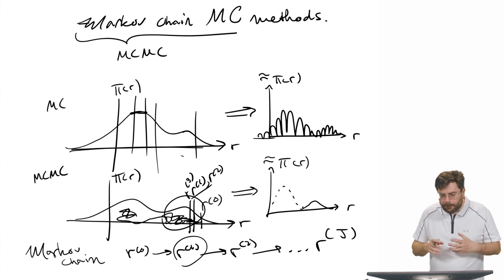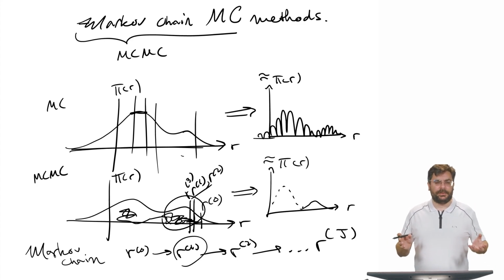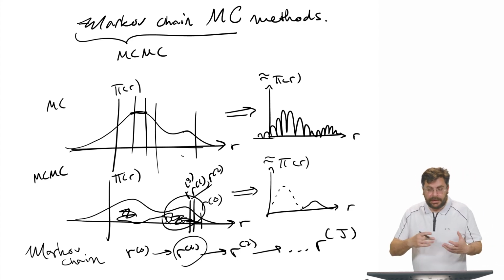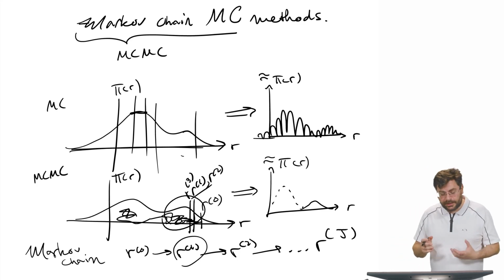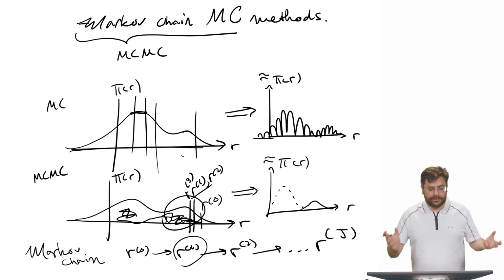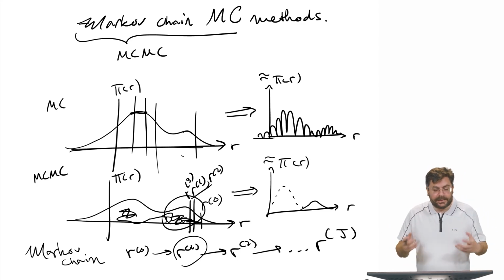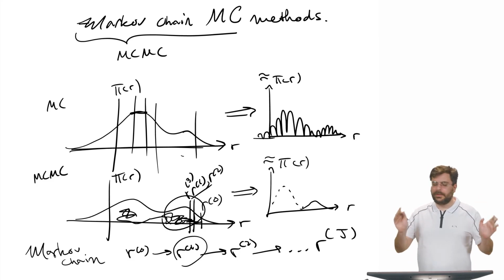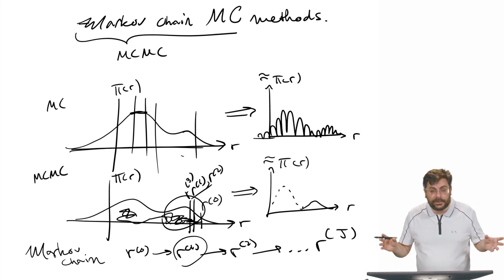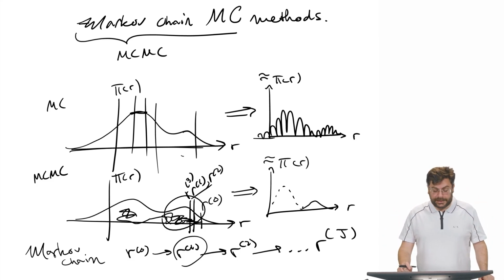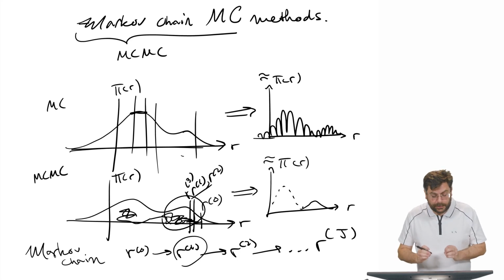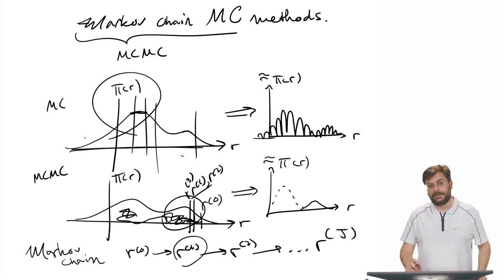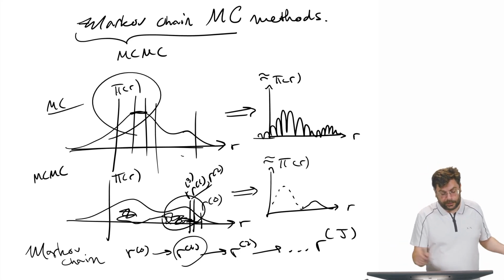Now, of course, there are a lot of Markov chain Monte Carlo strategies. Many of them are adapted for specific types of distributions that have specific forms and properties to make things much more efficient. But in general, having correlated samples is always worse than having decorrelated samples. Then the question arises, why would I use correlated samples if I can use decorrelated samples? It's always better, always more efficient.